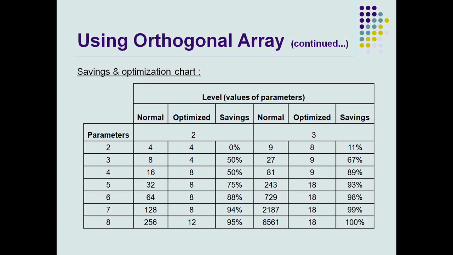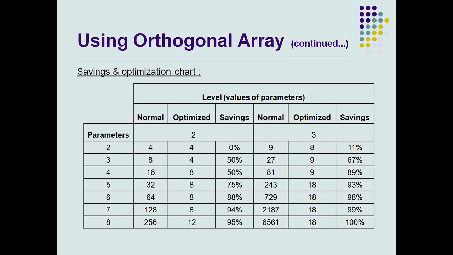So this is as per the industry standard for savings and optimization charts. What we have is the levels and the parameters. With 2 parameters, the saving is around just 0. With 3 parameters, you have around 50% saving.